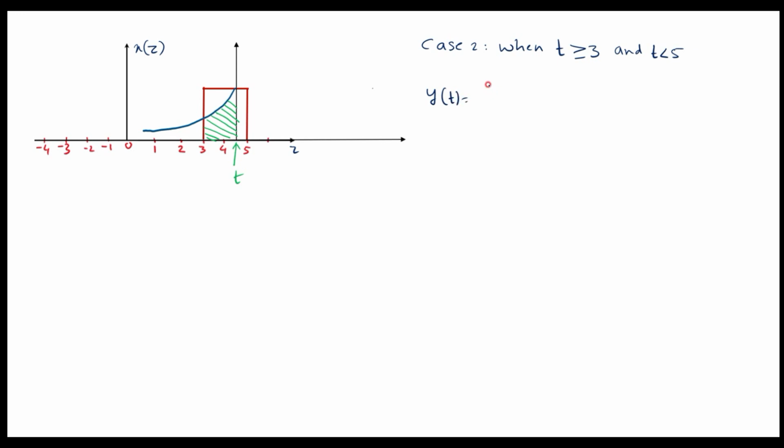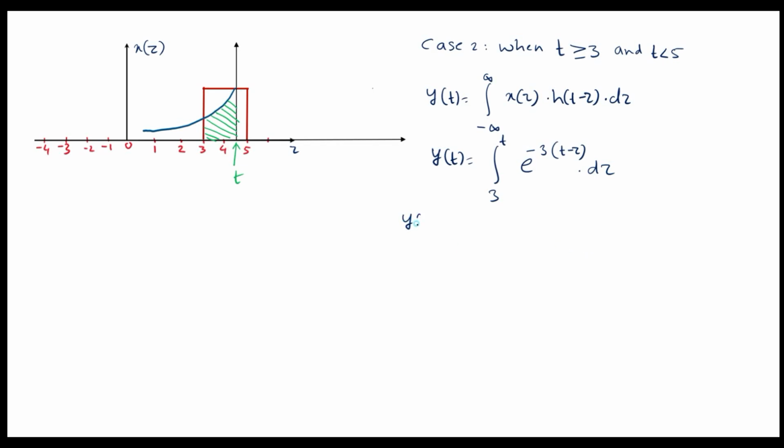y of t is equal to integration from minus infinity to infinity of x of tau h of t minus tau d tau. That is, y of t is equal to integration where the lower limit is 3 and the upper limit is t, x of tau value is 1 and h of t minus tau value is e power minus 3 times t minus tau, because in h of t minus tau, the t value should be replaced by t minus tau, d tau.